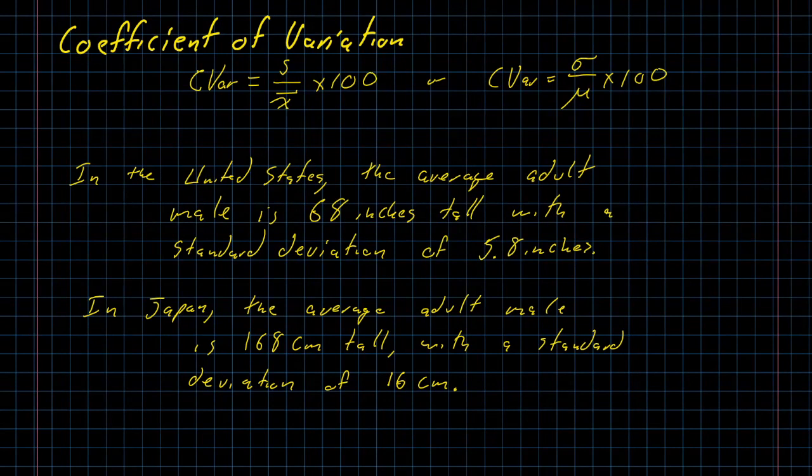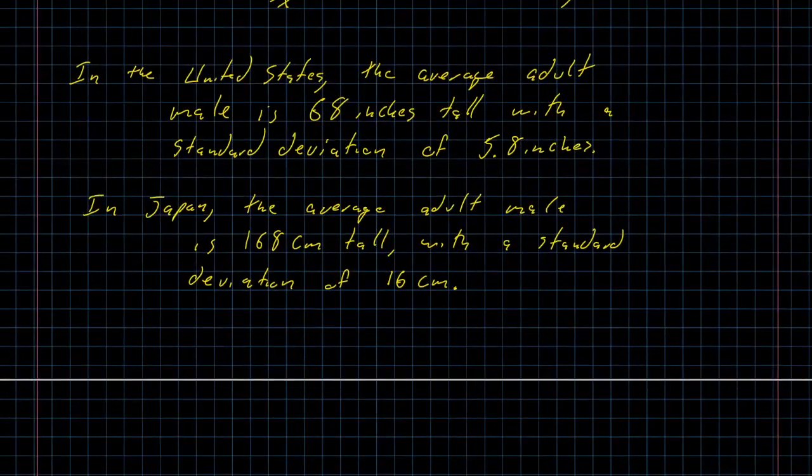But what I am interested in thinking about is the standard deviations. Is the variation of 5.8 inches larger or smaller than the variation of 16 centimeters, given the discrepancies in the heights? This is a place where the coefficient of variation can shine.